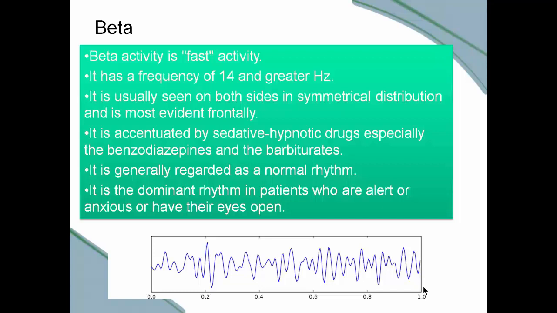So beta is generally regarded as a normal rhythm. I've worked with some children, and adults as well, with very clear ADD, ADHD diagnoses. You can see it and assess it quite accurately as well.